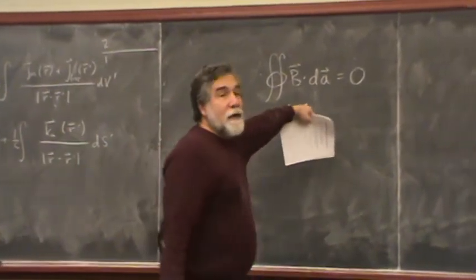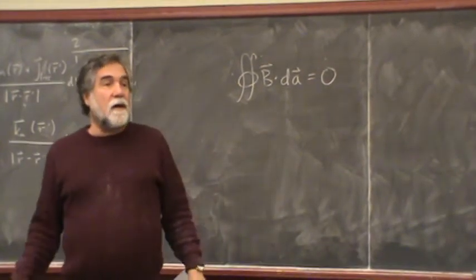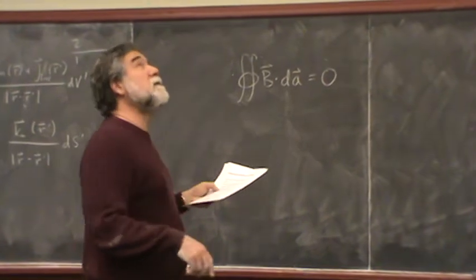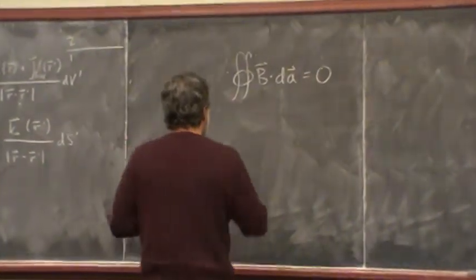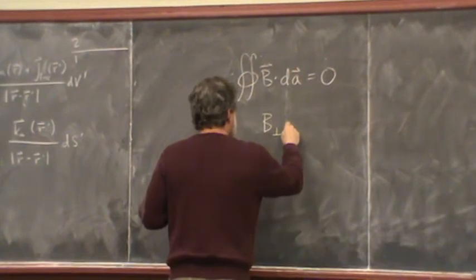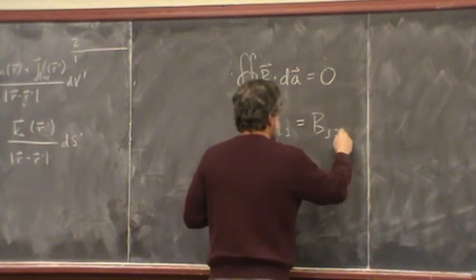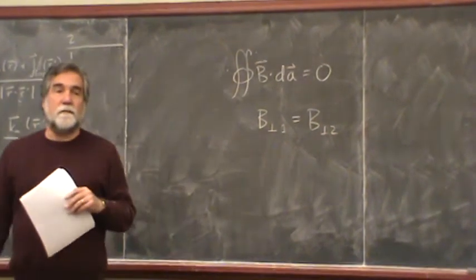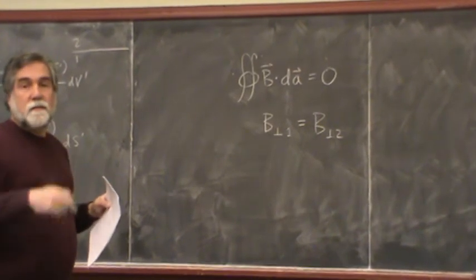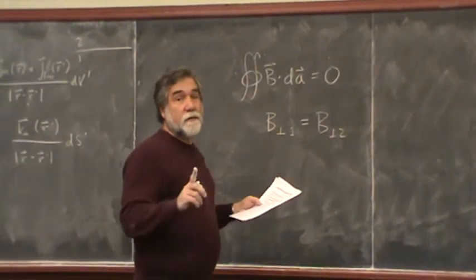All right. But this tells us, just as it did with Gauss's law and the D field in that case, that B perp in region 1 for a surface has got to be equal to B perp in region 2. The magnetic field is continuous perpendicular to the surface.